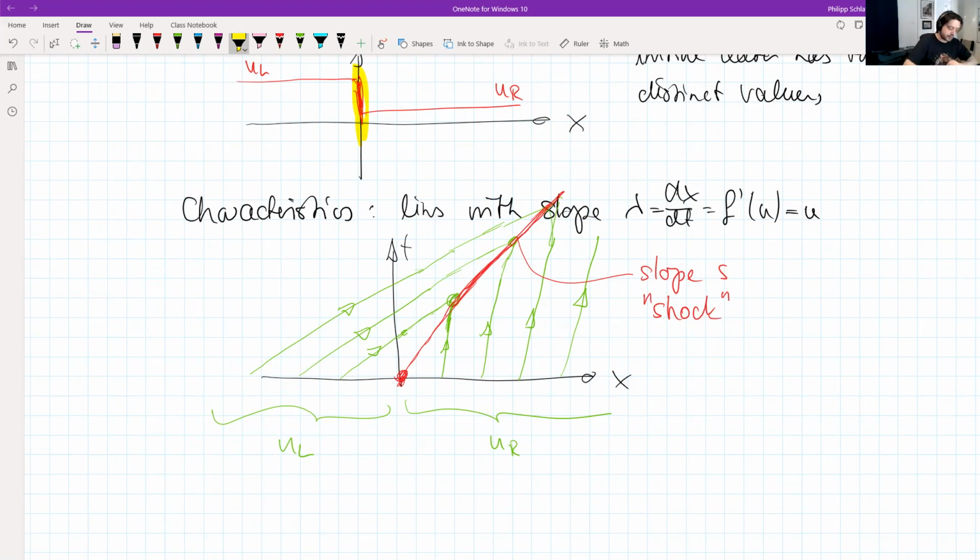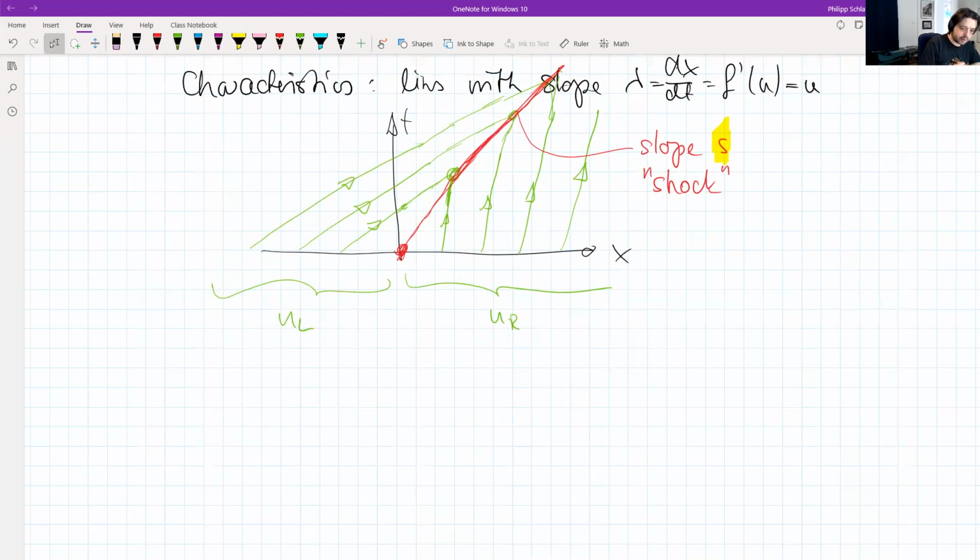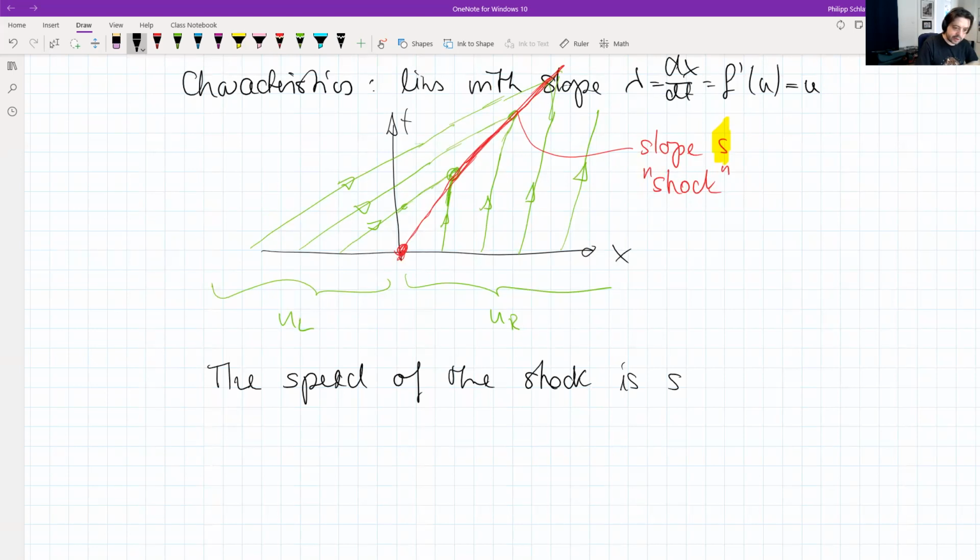And the speed of the shock is this s. So what we can say is we have a shock with a speed s, and this s is actually given by a formula.